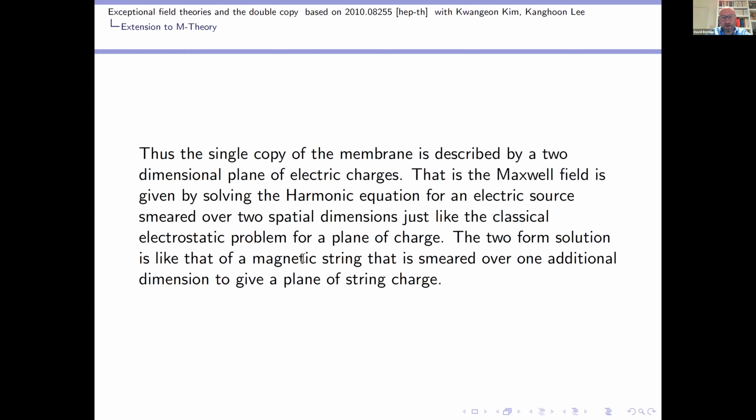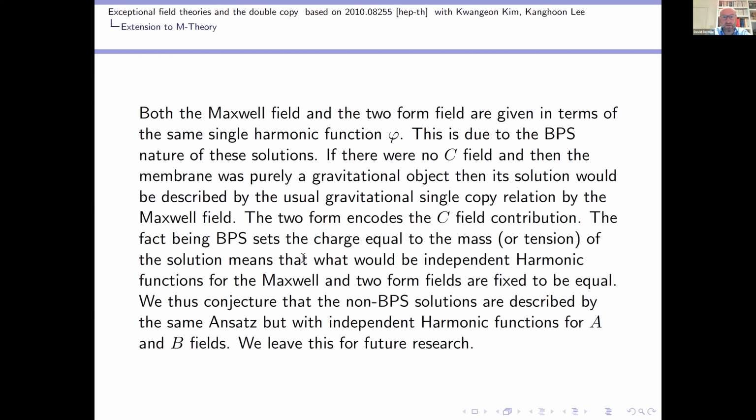That's brought me up to my 20 minutes, and I don't like overrunning. So there's a whole set of things to look at, different solutions. One can look at more complicated exceptional field theories that would involve 6-forms and a whole spectrum of things.